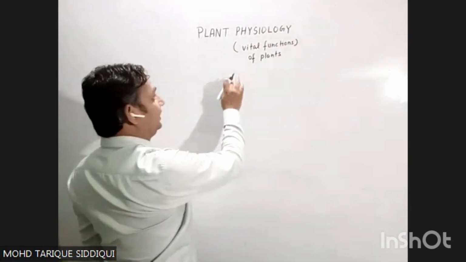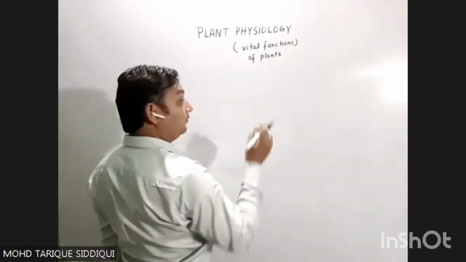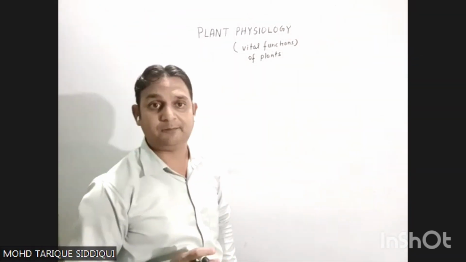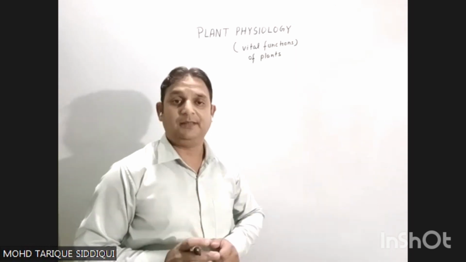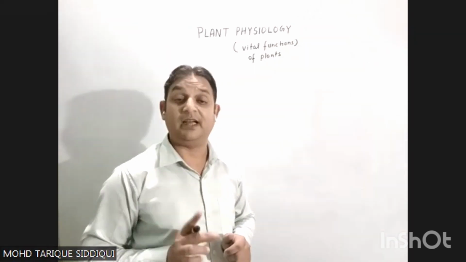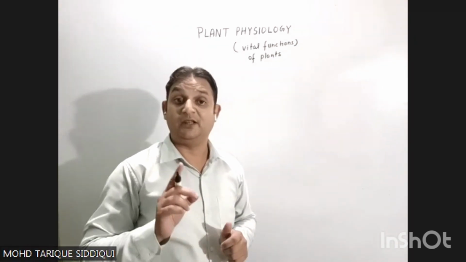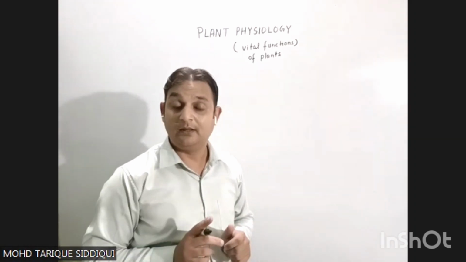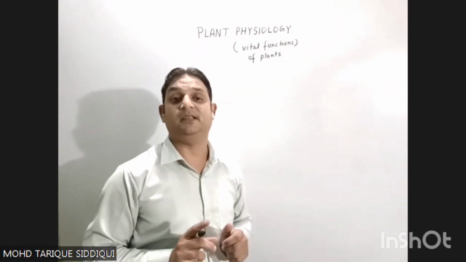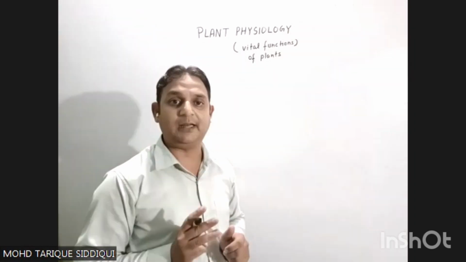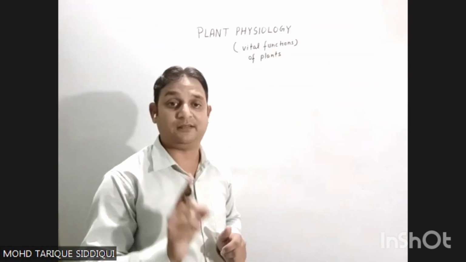Now, with respect to cell sap, because why I'm talking about with respect to cell sap, plant is absorbing water from the soil with the help of root hair, and the root is having the vacuole, and vacuole is having the cell sap. So three types of solution with respect to cell sap.